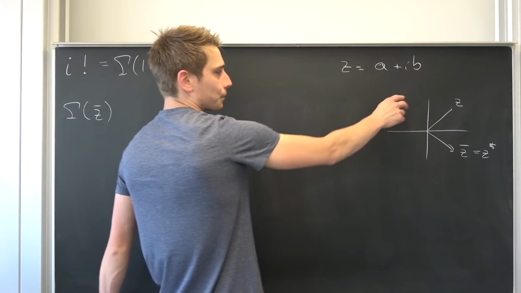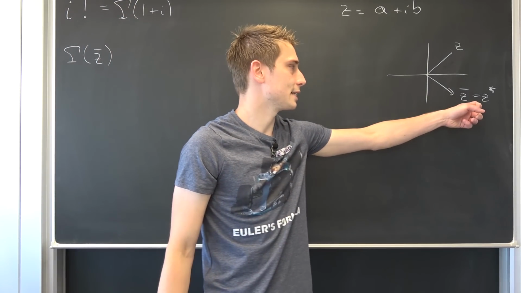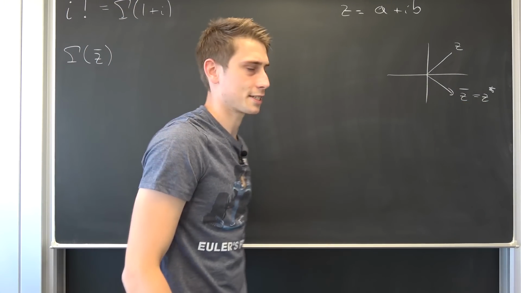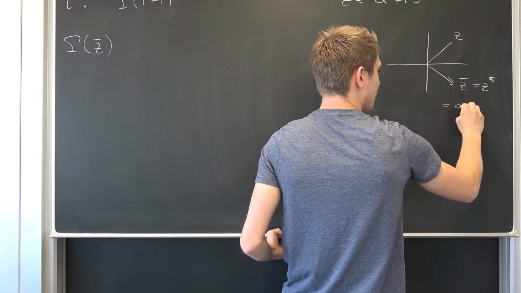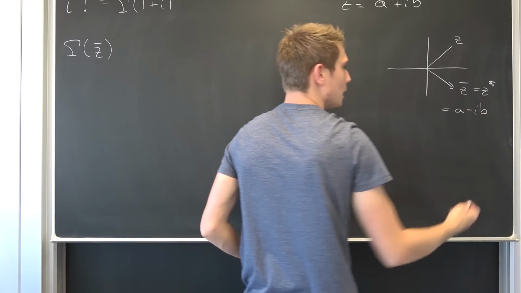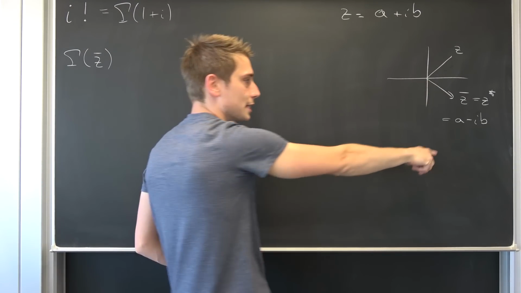So what can we say about this thing right here? Okay, if this right here is the reflection on the x-axis, then the z conjugate has the form a minus ib, because we are now in the negative i direction, you could say, okay?